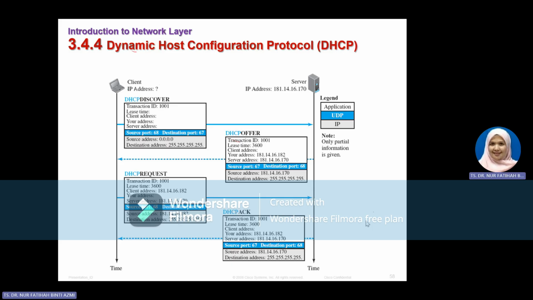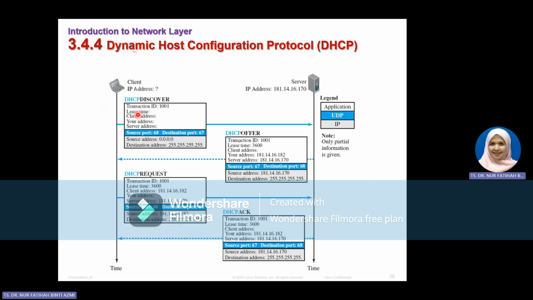So this is basically how the DHCP process works. You can think of the client, sorry, the laptop wanting to join the network. Imagine you have a new laptop connecting to our network.